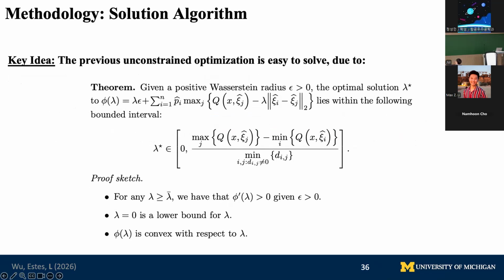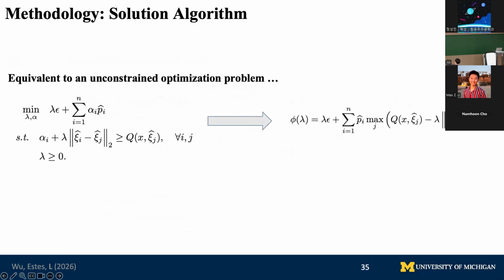So this is the key anchor for our approximation algorithm. It's a scalar. It turns out that all this becomes is a single-dimensional search.